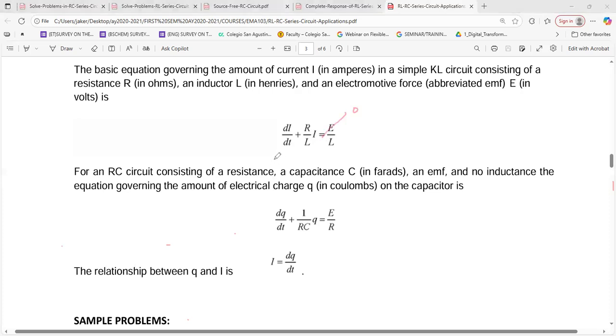But in this case, it's not a source-free circuit, so we just substitute values in here. In the case of number one, where we derived a formula for a source-free RL circuit, it's the same as going back to this DE and just equating E equal to 0. So I will just have that change now. If we use that DE on number 3.